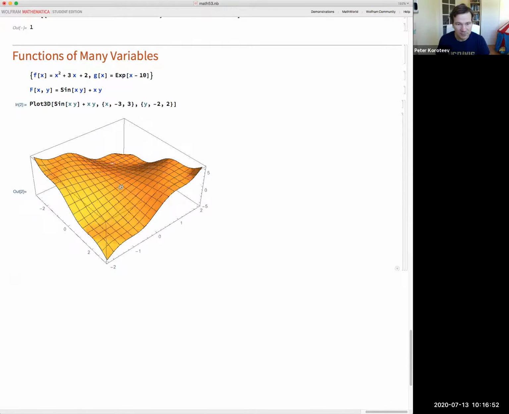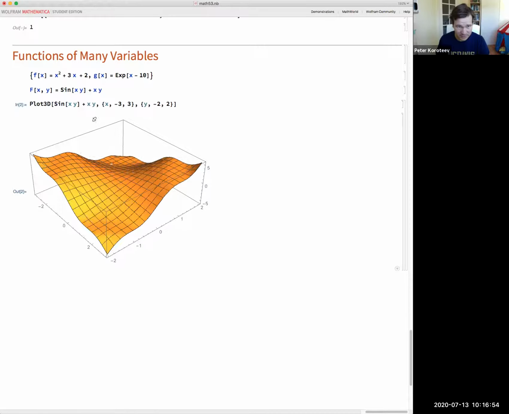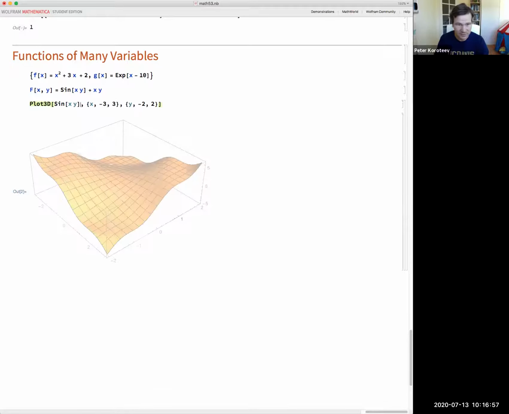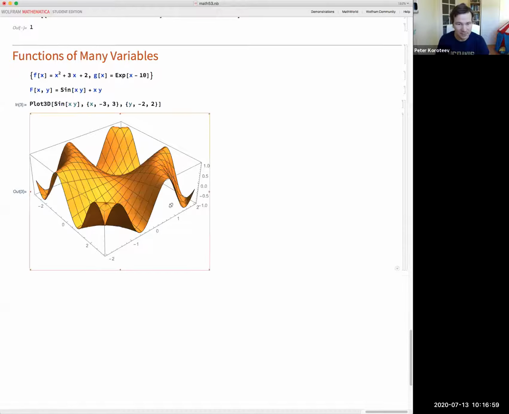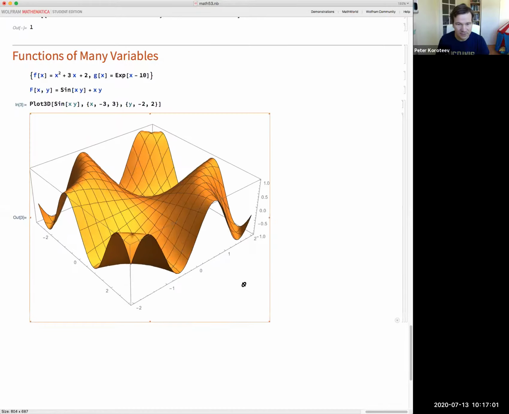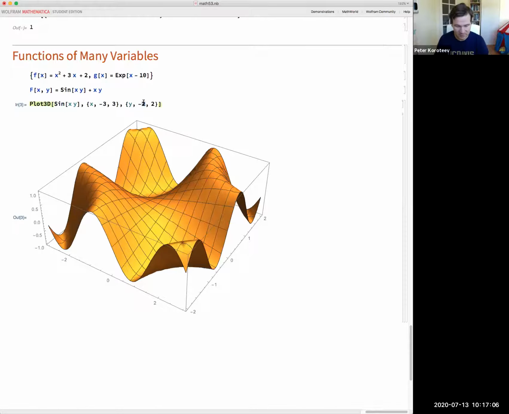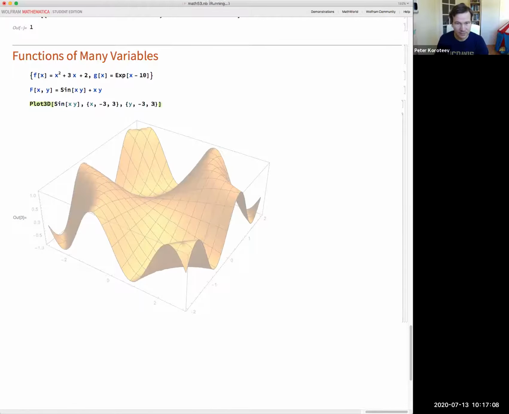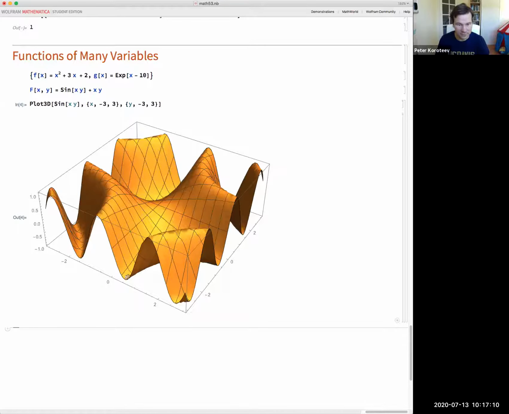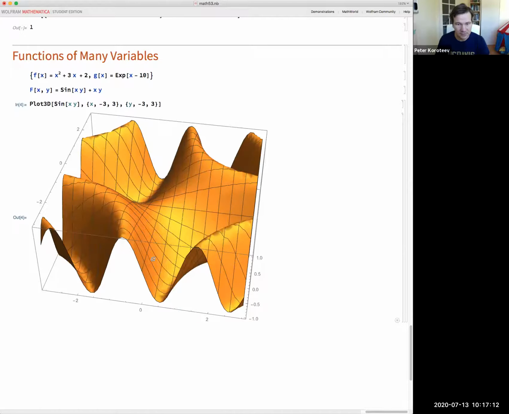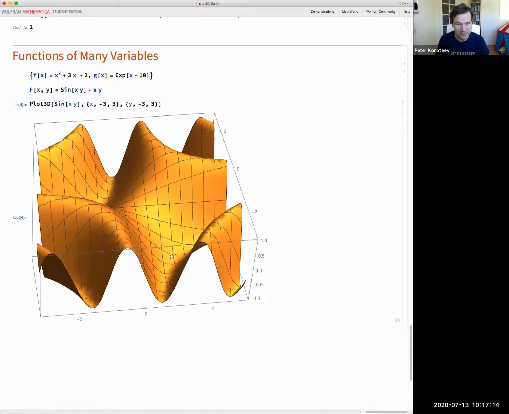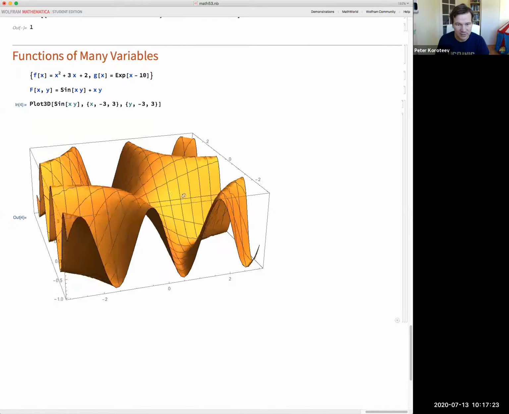Well, I think we need to go a little bit further. It's sine xy. Sine xy is a doubly periodic function. Well, we can extend the range a little bit. Basically, if you pick a constant value of y, for example y is equal to 0, then you can look at this plot like that.